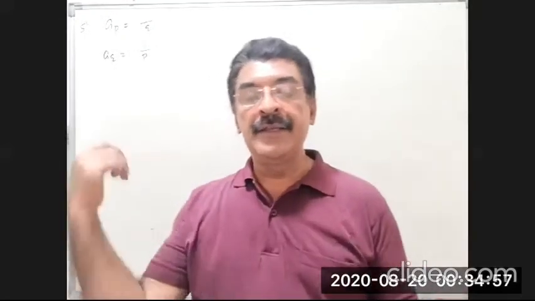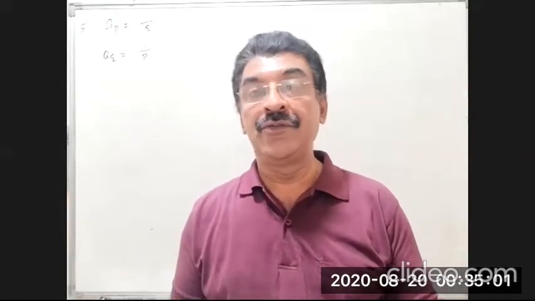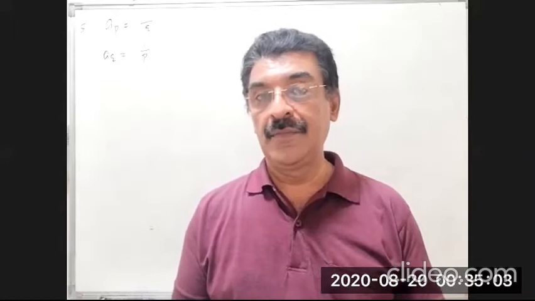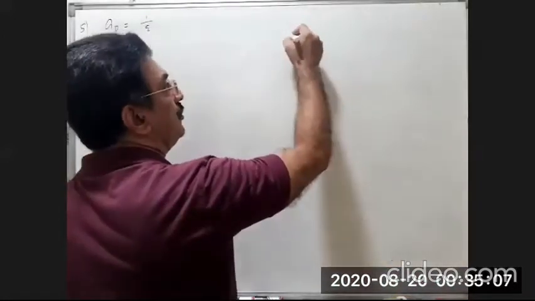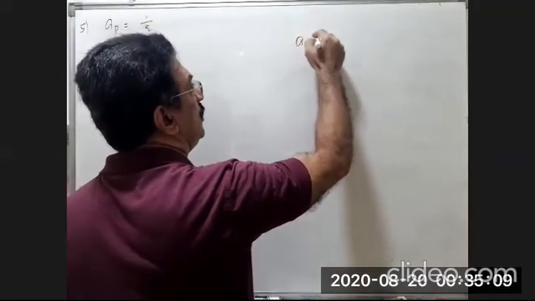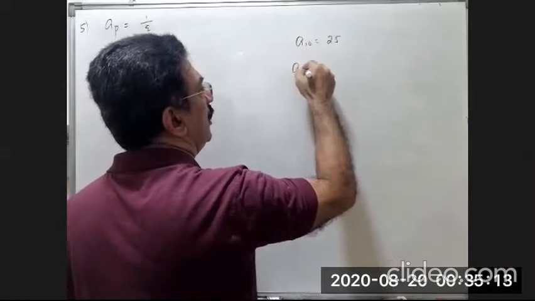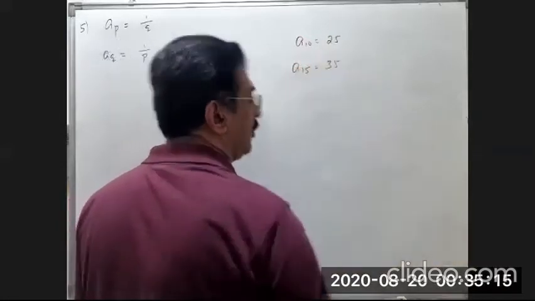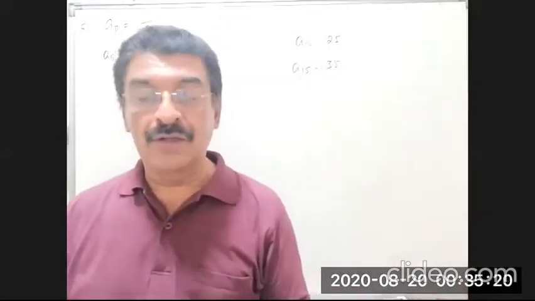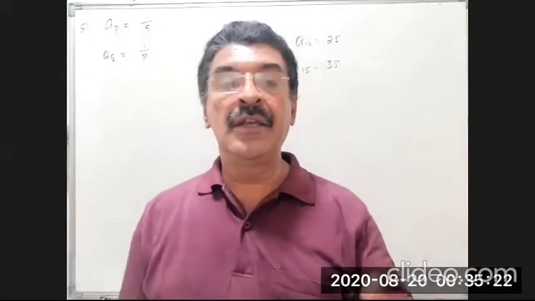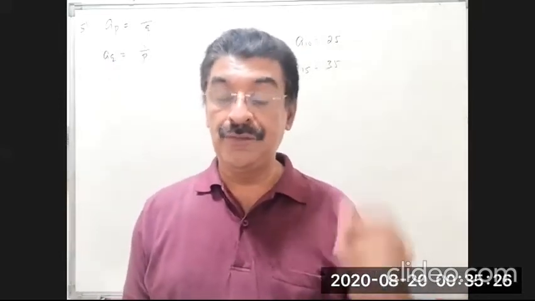Actually, these types of questions are based on what we did last year. Last year, in class 10, you learned that if the 10th term of an AP is 25 and the 15th term is 35, if two different positions are known, then we can find a, the first term, and d, the common difference.